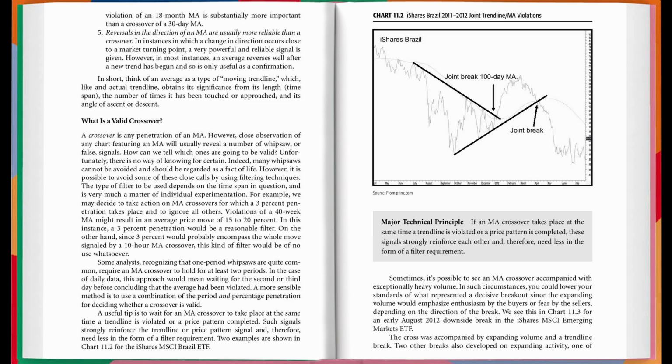Some analysts, recognizing that one-period whipsaws are quite common, require an MA crossover to hold for at least 2 periods. In the case of daily data, this approach would mean waiting for the second or third day before concluding that the average had been violated. A more sensible method is to use a combination of the period and percentage penetration for deciding whether a crossover is valid.